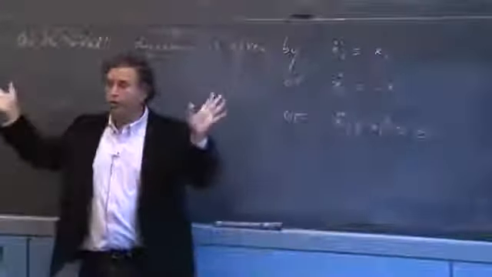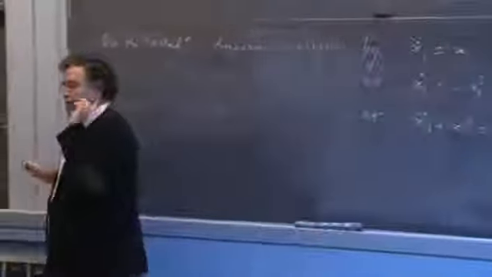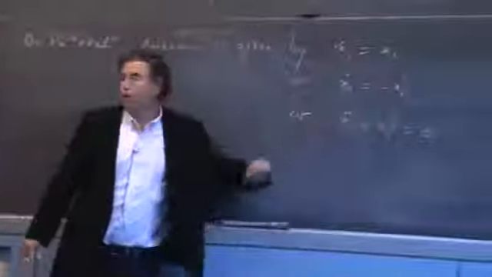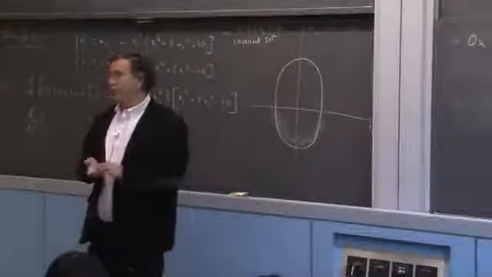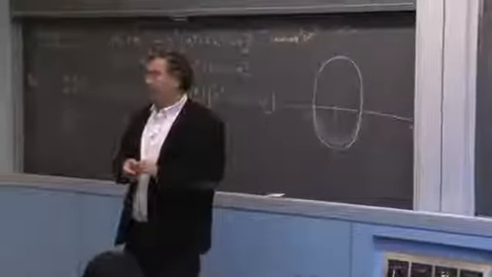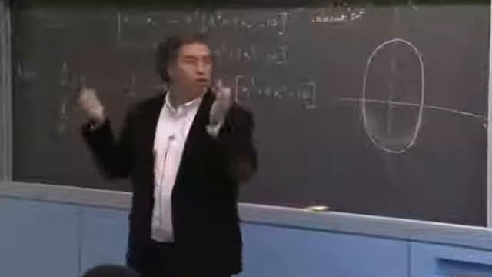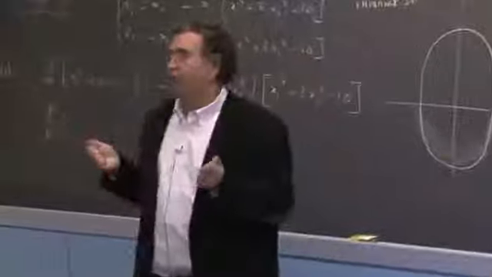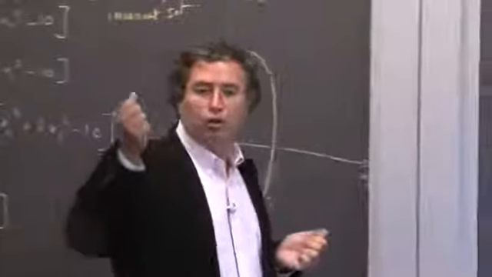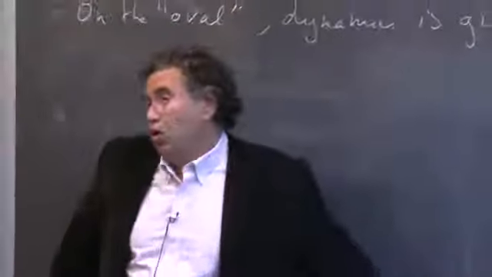This system, again, is completely made up. It's a mathematical system, but what could this equation represent? If you were given a system x double dot plus x cube equals 0, you would say this could be a mass spring damper with a damping of 0 and a nonlinear spring.